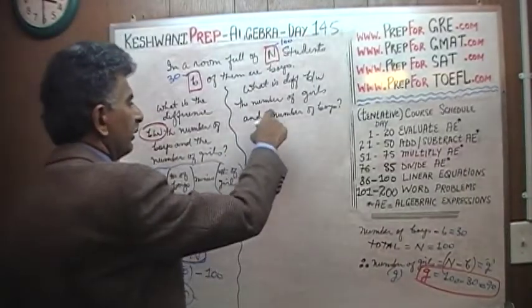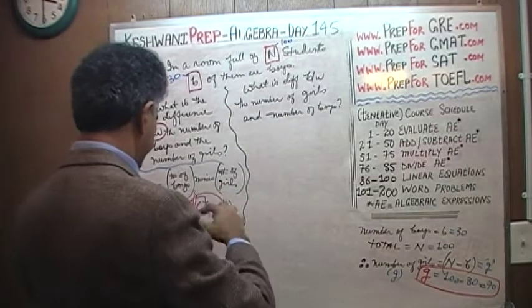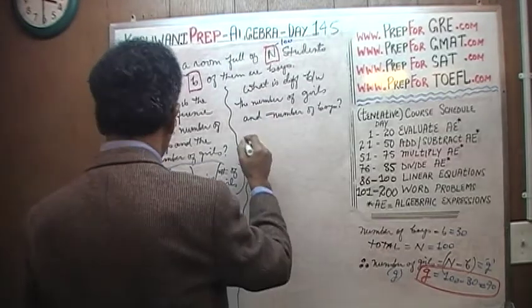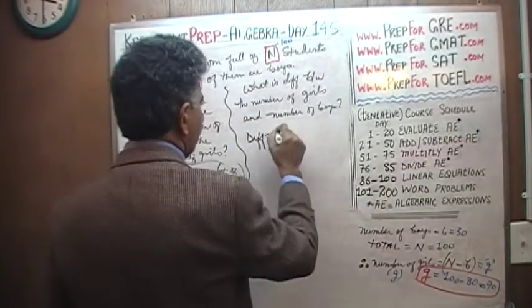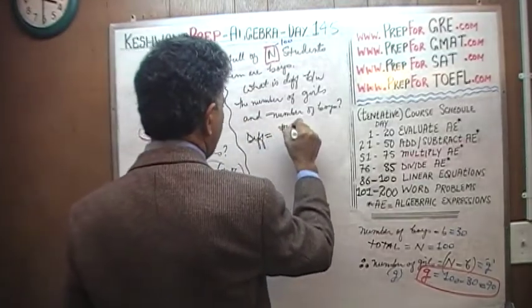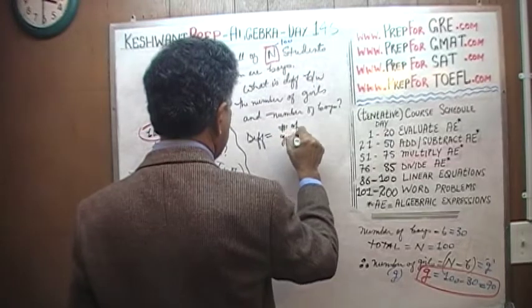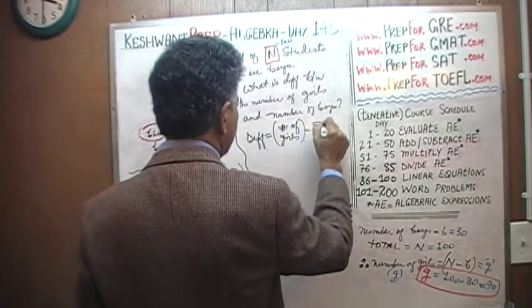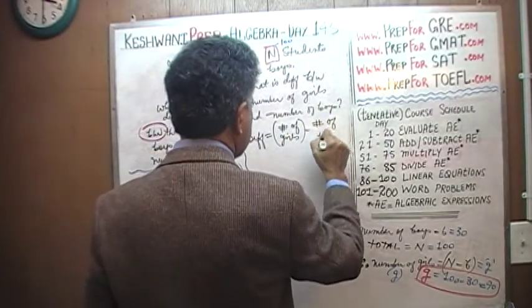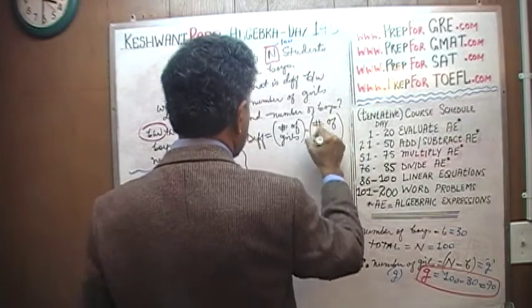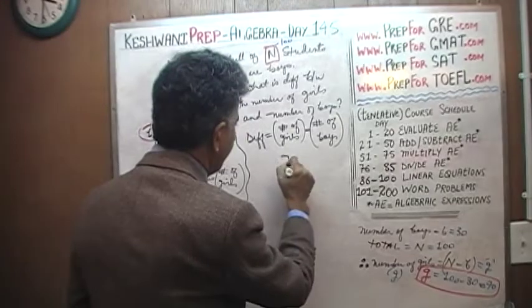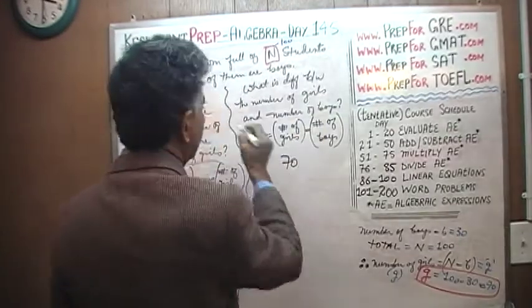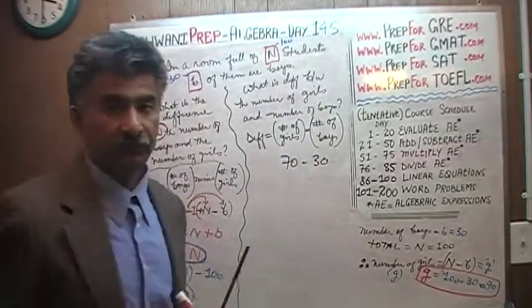The difference between the number of girls and the number of boys, this is the minus sign here, would be: the number of girls is 70, the number of boys is 30, the difference is 40.